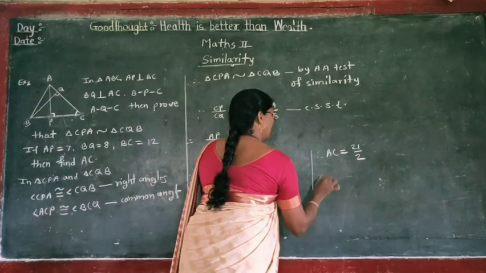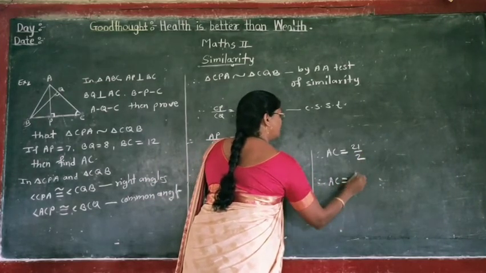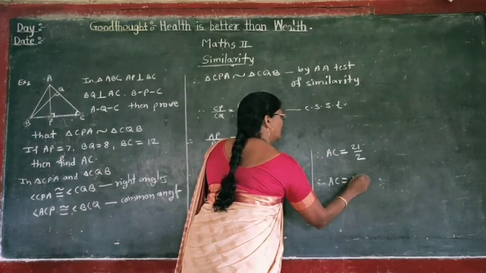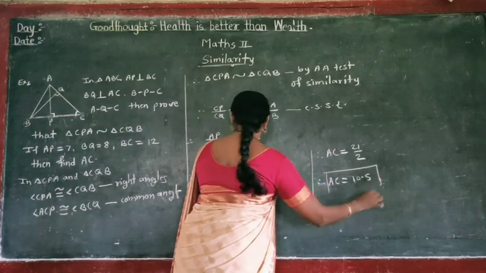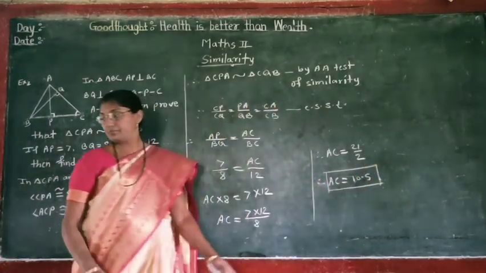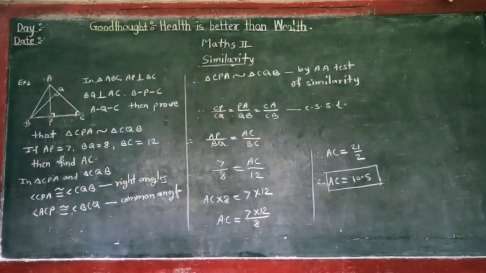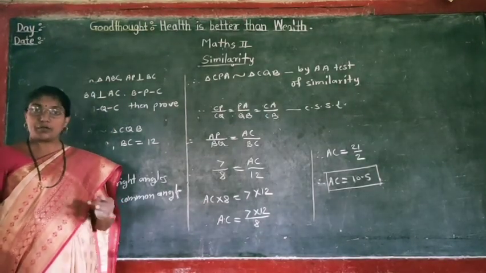Upon 2. And that means AC is equal to 21 upon 2. 2 10s are 20, 2 5s are 10. AC is equal to 10.5. Now you can solve 1.3.